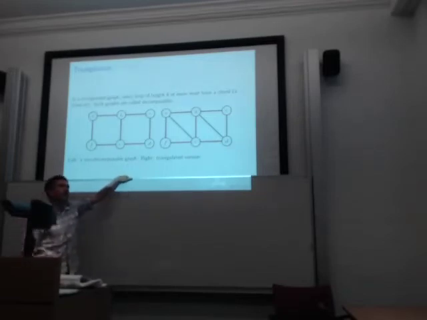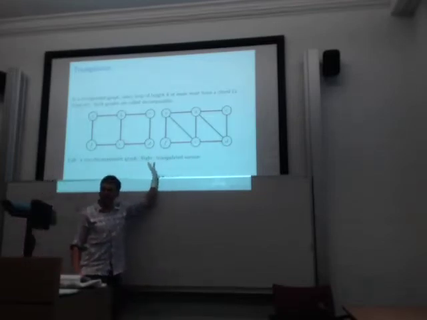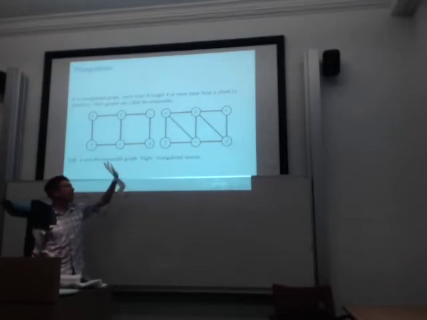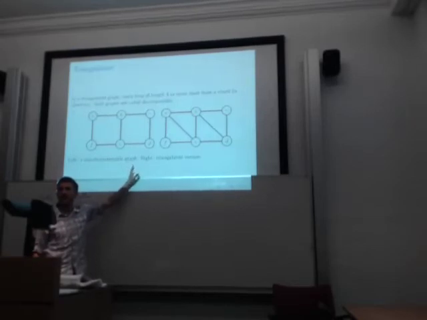So a triangulated graph doesn't mean that if I eliminate variables in any order, I will never add a link. That's not what it means. It means that there exists at least one elimination scheme which does not add links to the graph.